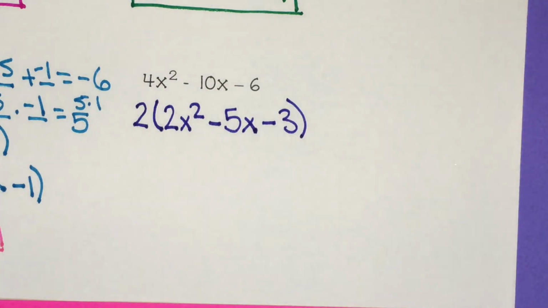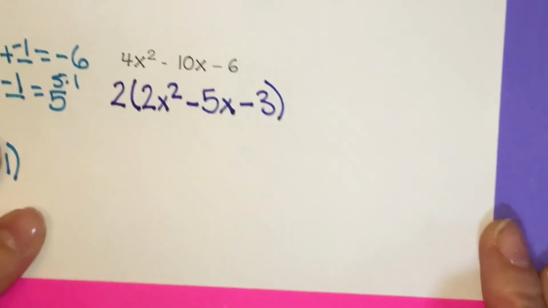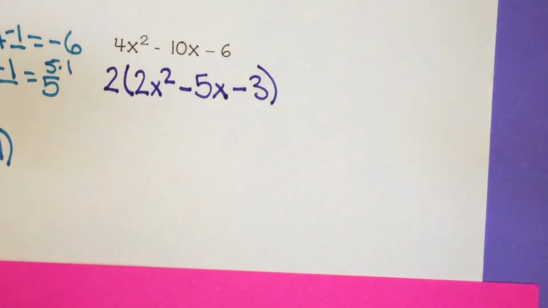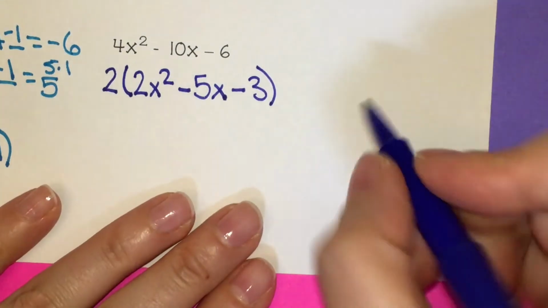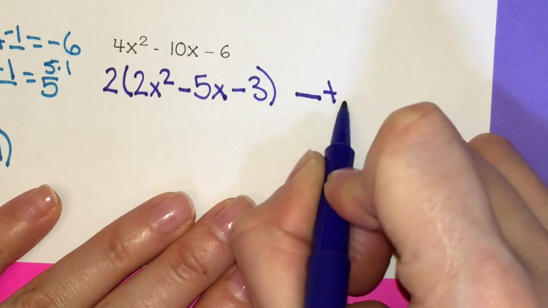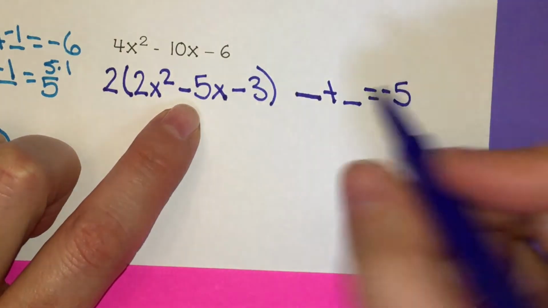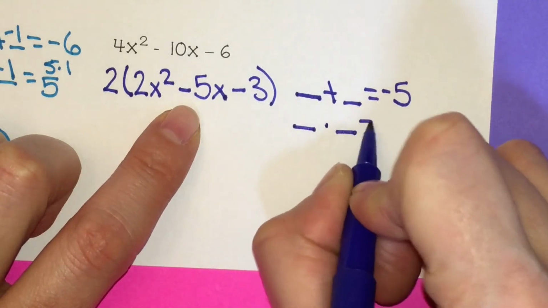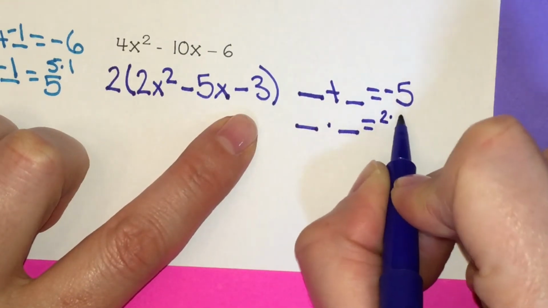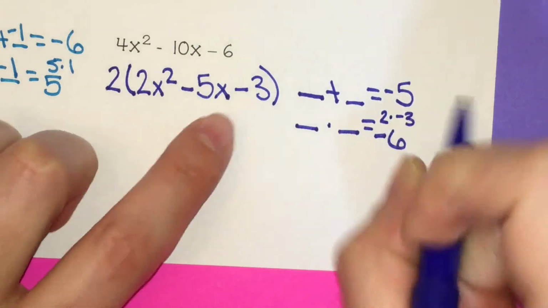Okay, now, because I factored out a number, found my greatest common factor, now I'm going to start breaking this down. See what I can add together to equal negative 5. And it is easier with smaller numbers. What I can multiply together to equal 2 times negative 3, which is negative 6.